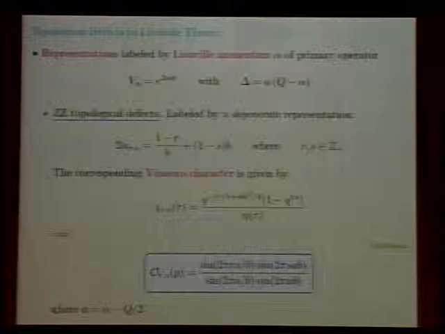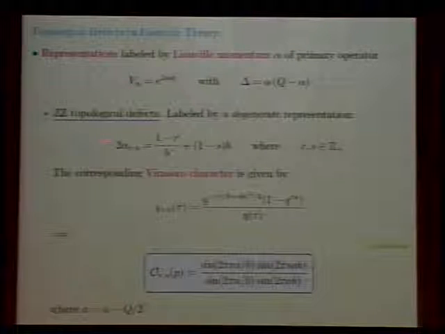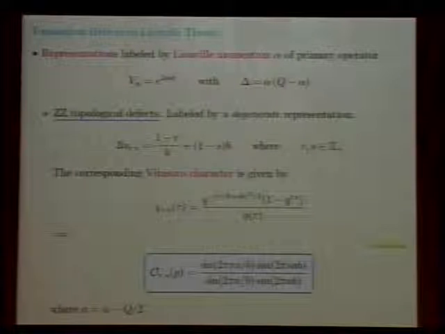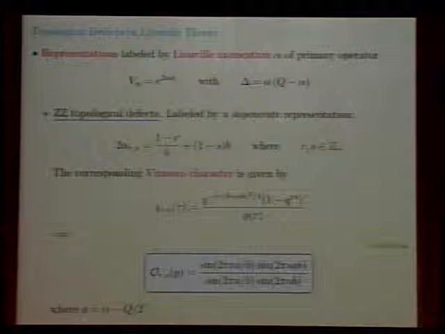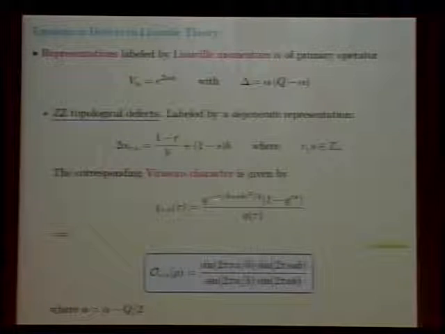In Liouville theory, there are essentially two different representations that you can have, which are called degenerate and non-degenerate representations. The first one, in analogy with the construction of boundary states in Liouville theory, we will call ZZ; the topological defects are labeled by a particular degenerate representation, which is when the momentum of the primary takes this very particular form where r and s are integers. In order to compute the expression for the topological defect, what we have to do is compute the ratio of modular matrices for this particular representation, which in this case is very simple because the character of the degenerate representation is particularly simple.